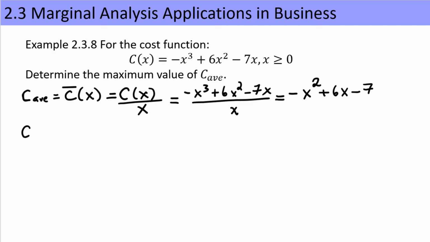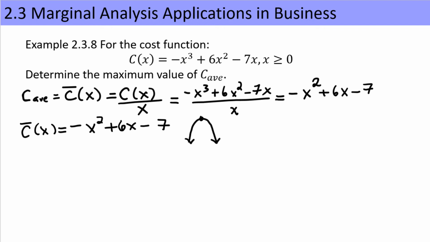Now we see that the average cost function, negative x squared plus 6x minus 7, gives a graph of a parabola that opens down. It's a parabola that's upside down. Now, in order to find the max or minimum, we need to find this vertex point.